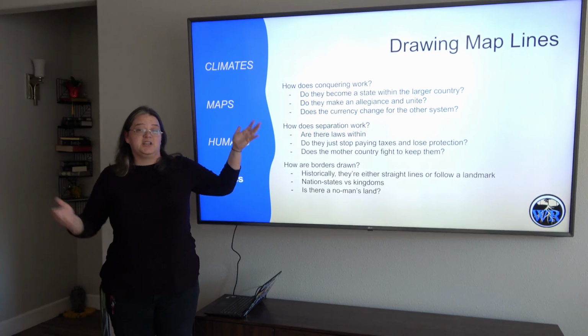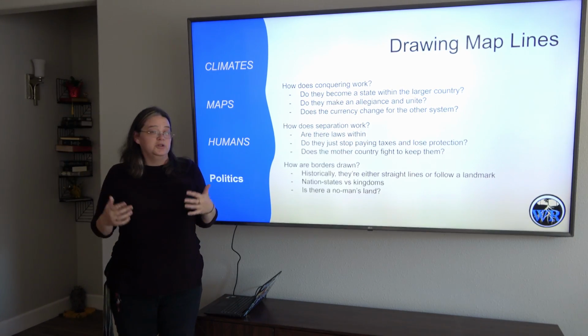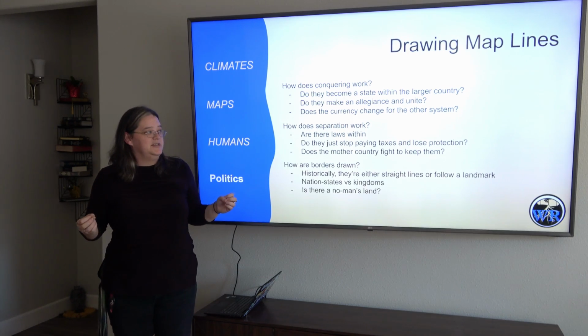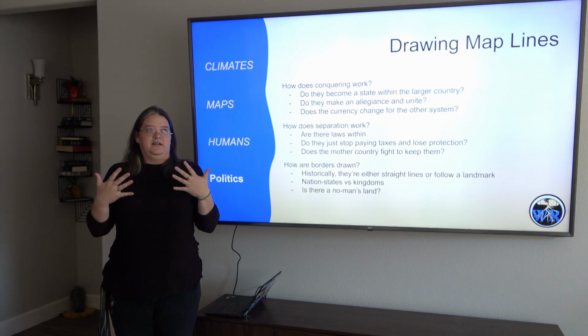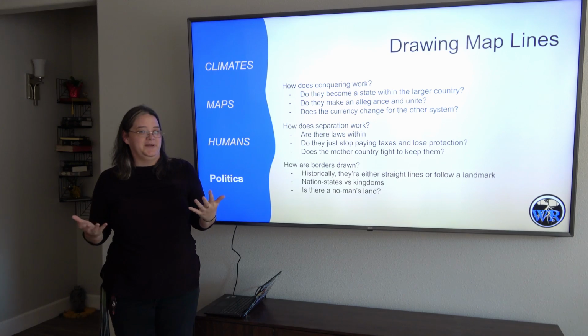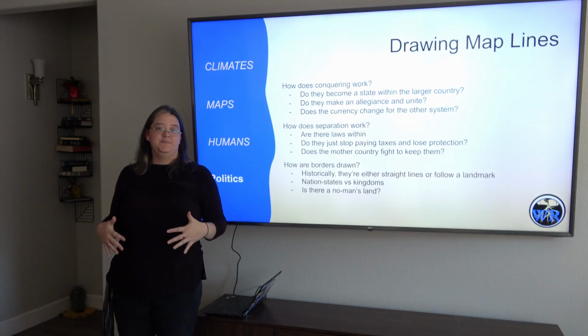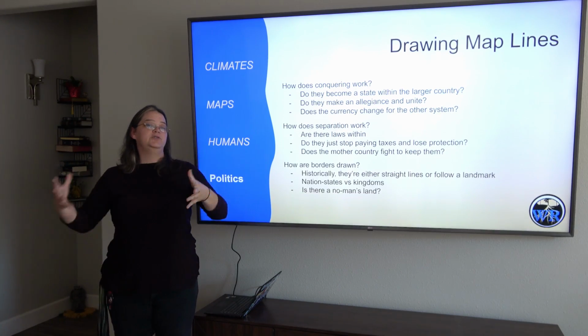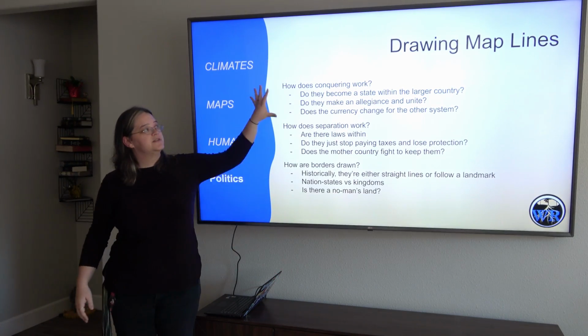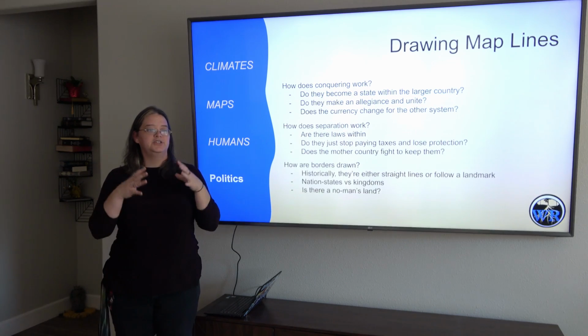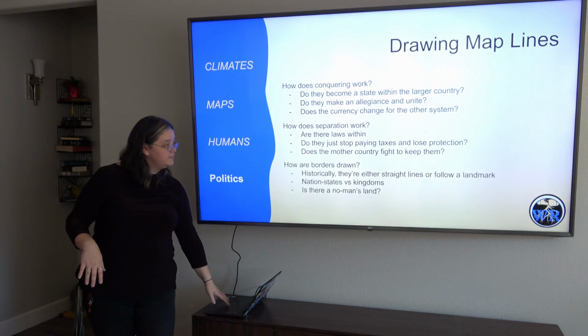Do they just stop paying taxes and then lose protection? That was the Scots' sort of concept of what they were hoping to go for. Does the mother country fight to keep them? So did England fight to keep the US? These are things that can happen if you're changing your political lines.